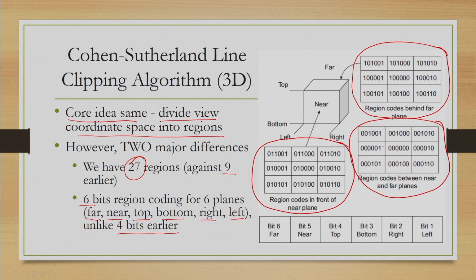Together there are 27 regions, and each region is represented with this 6 bit code, where bit 6 represents the far region, bit 5 is the near region, bit 4 is the top region, bit 3 is the bottom region, bit 2 represents the right region, and bit 1 represents the left region.